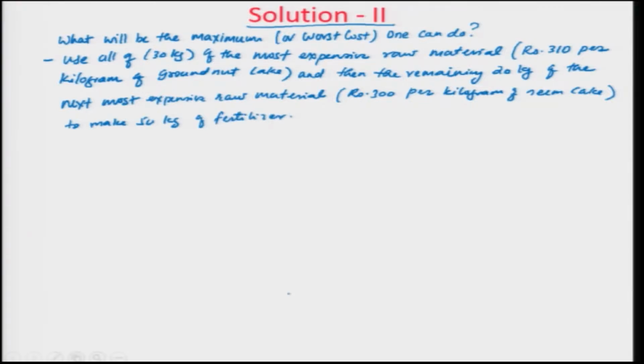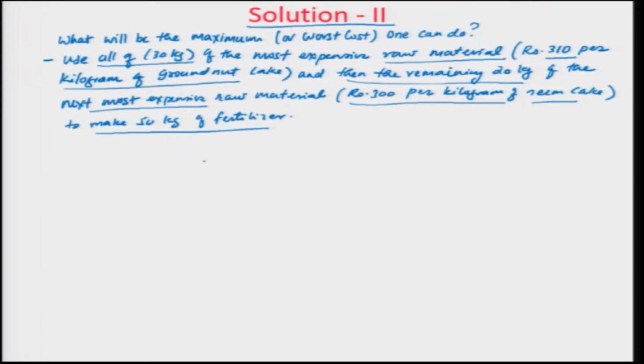So, what we are saying here is, if you combine all of the 30 kilograms of the most expensive raw material, because we only have 30 kilograms of it, which is the groundnut cake, and then the remaining 20 kilograms of neem cake at 300 per kilogram, it will give you the 50 kilograms of fertilizer.